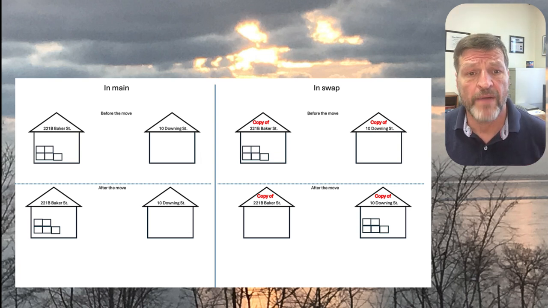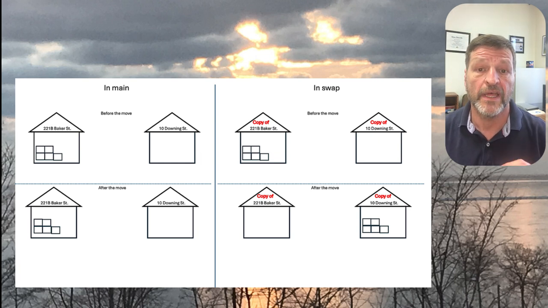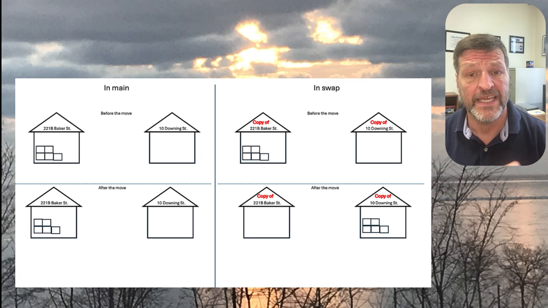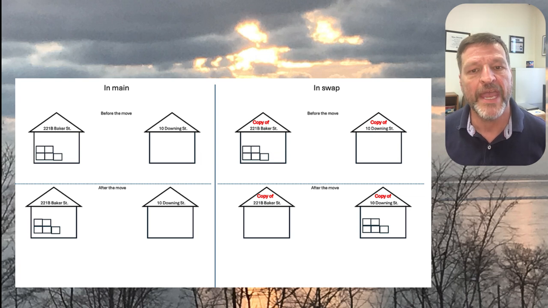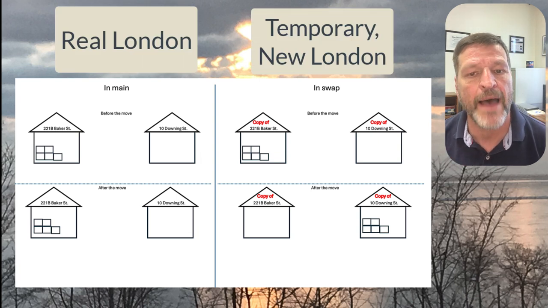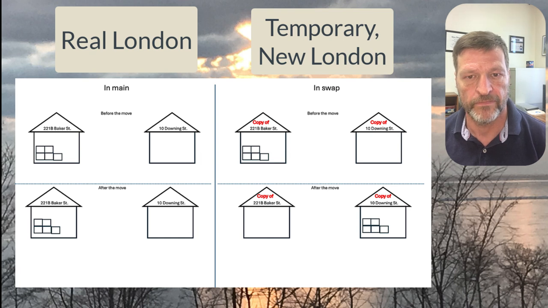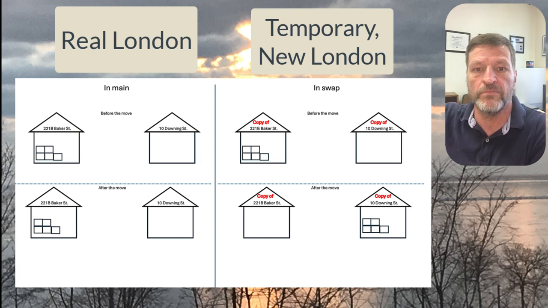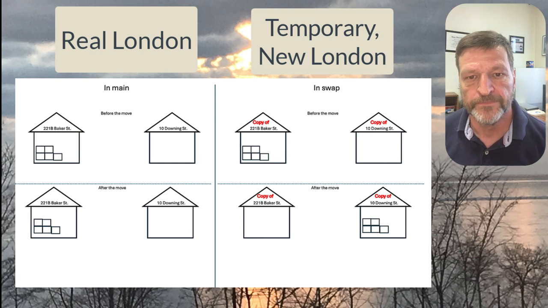What happened in the swap function, in this analogy? What happened is you put the houses themselves in the input arguments. And so in this magical C compiler world, you made copies of those houses. You created a whole new universe, a whole new London, if you will, with a copy of 221 Baker Street and a copy of 10 Downing Street. They're not the real things. It's a new universe with new memory with new addresses and everything, right?